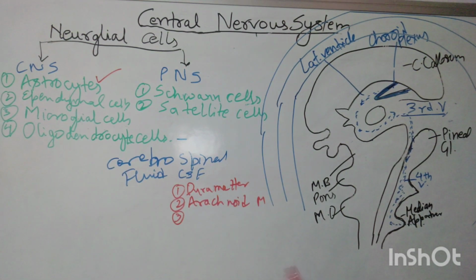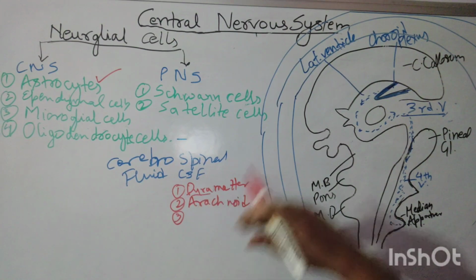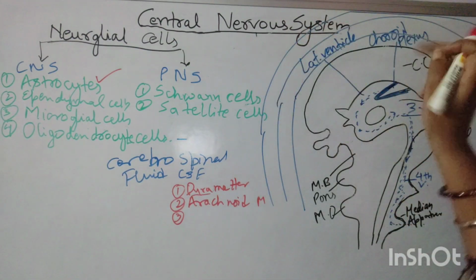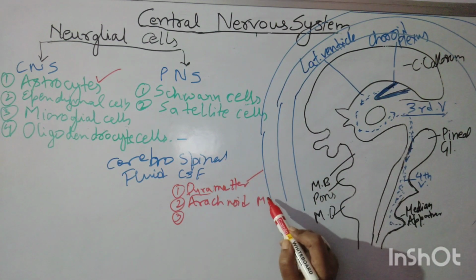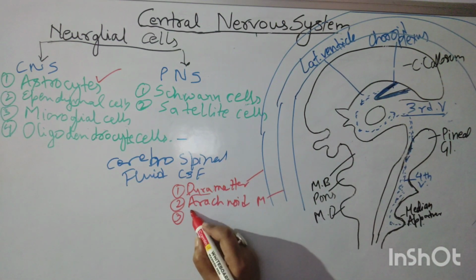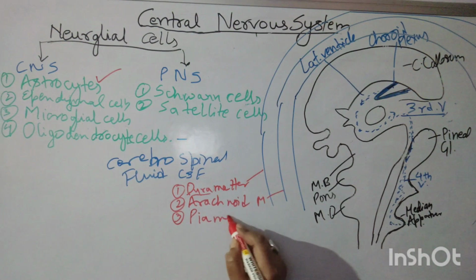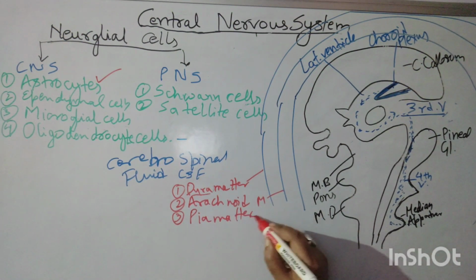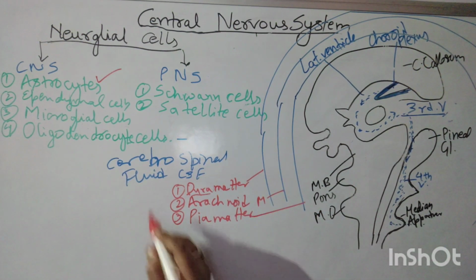Dura means you can say durable. So this is the outermost layer. You can remember like this, that dura is the strongest, it is the outermost layer. Then the middle one is arachnoid, and the innermost is pia mater.